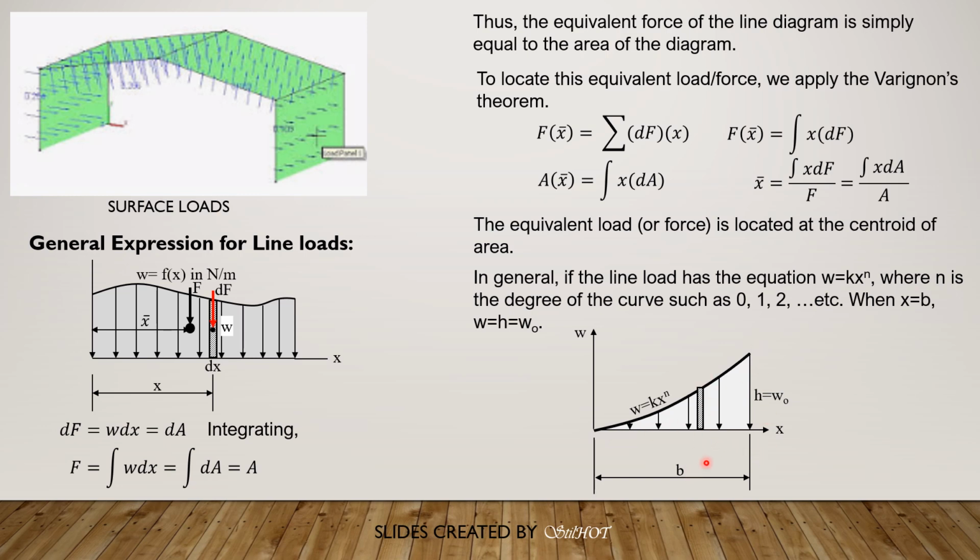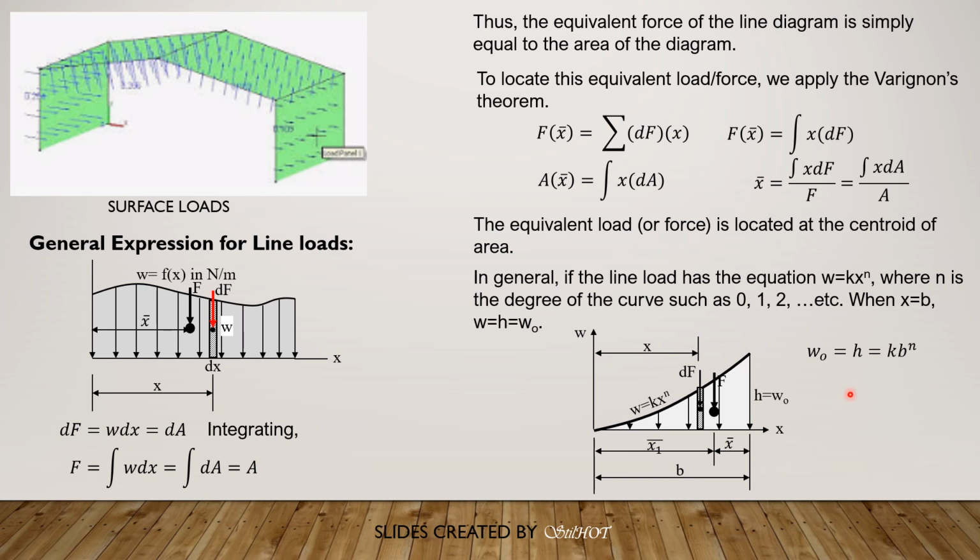Here the height is w at any point, and the thickness is dx. The differential force is acting through the centroid of that strip, and let us say this is the centroid of the entire area. So this is x, and x-bar from the centroid of the entire area. Call that x-bar 1, and let's call this x-bar: the distance from the centroid of the entire area from the vertical leg.